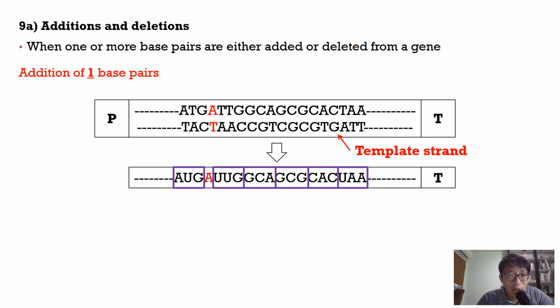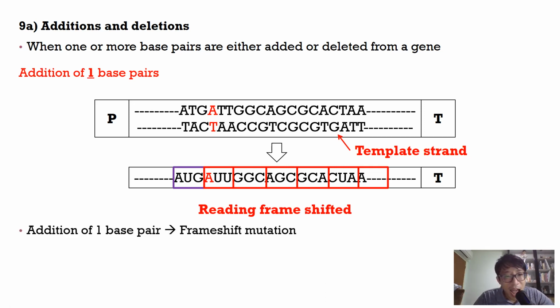And then instead of the original GCA, it becomes GGC, and so on. So the reading frame is shifted by 1 nucleotide. Okay? So that will cause the frame shift mutation. So the amino acid sequence after the site of mutation would all change.